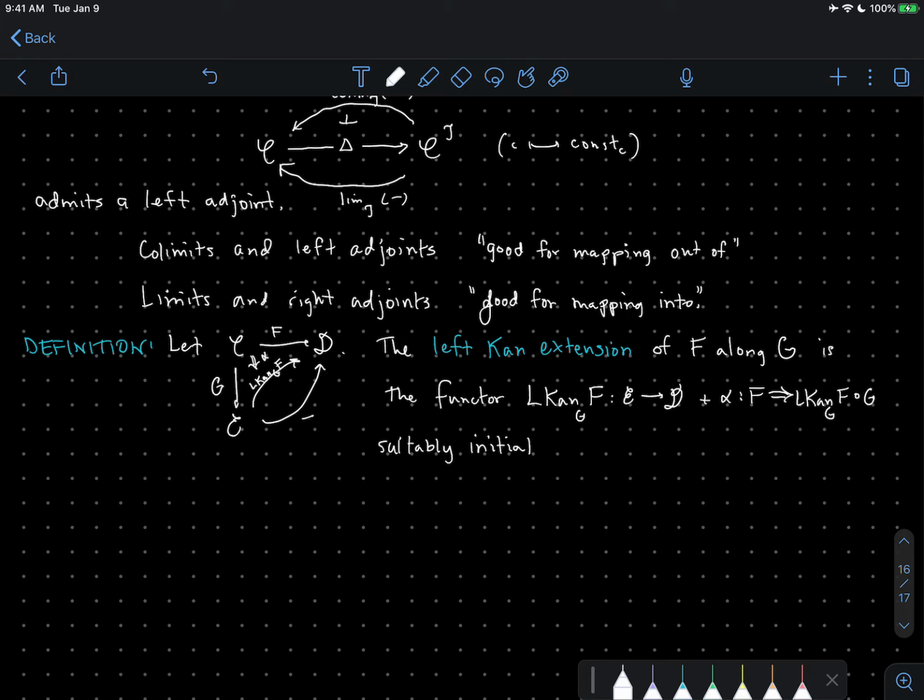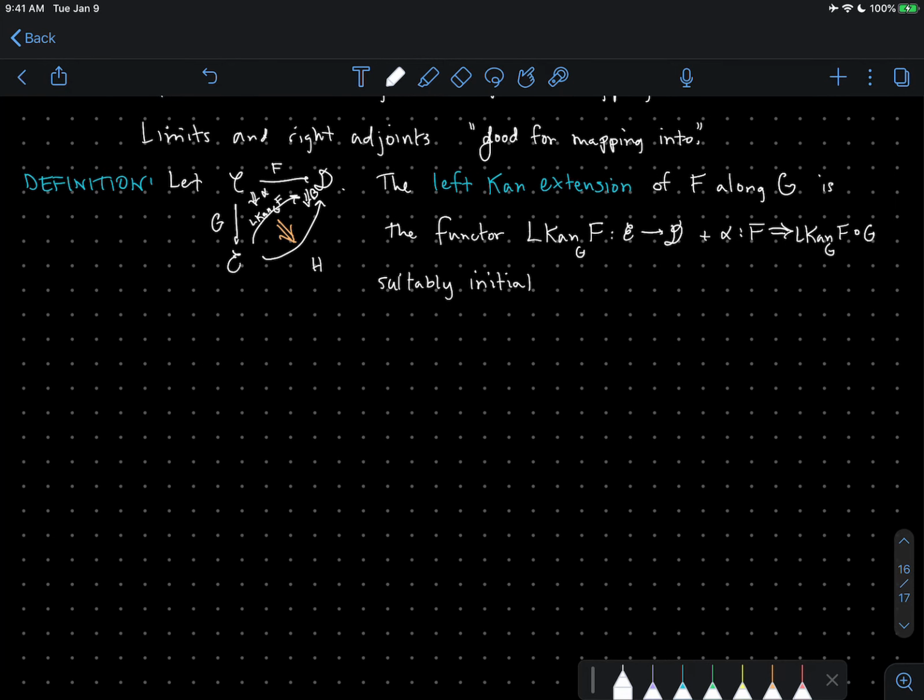J. No, that's a terrible name for a functor. H together with some random transformation beta, the universal property of the Kan extension gives us a unique natural transformation here. There is a dual theory of right Kan extensions as well.